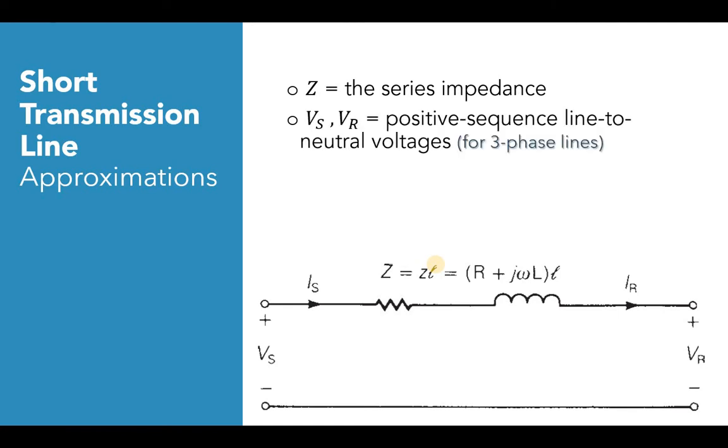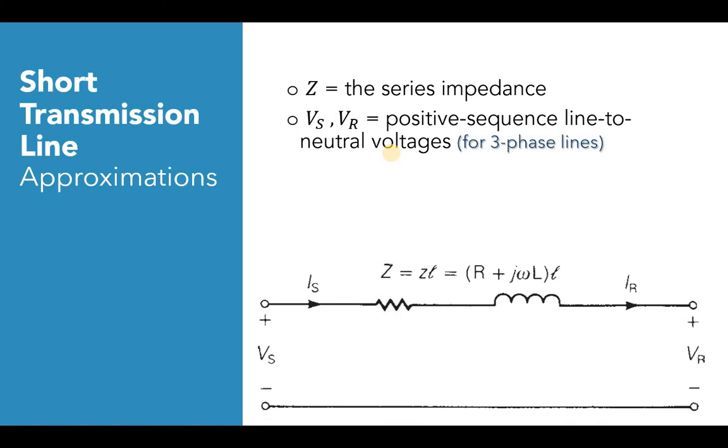Now, for three-phase lines, your VS and VR refer to the positive sequence line-to-neutral voltages. Because if it is just a single-phase line, automatically VS and VR are line-to-line voltages, since there is only one line; from line 1 to line 2 comprises the single-phase line already.